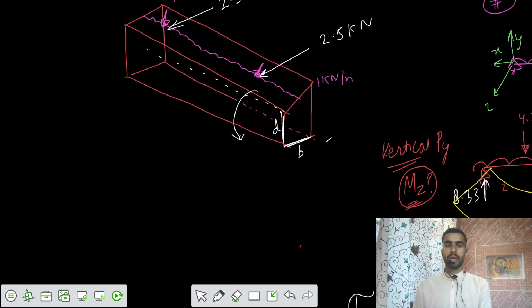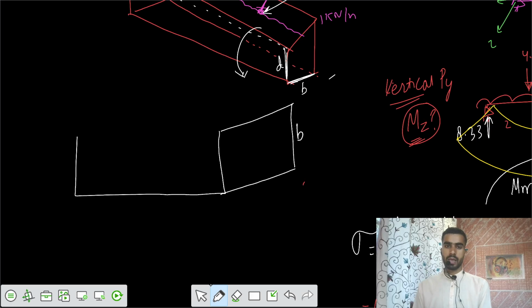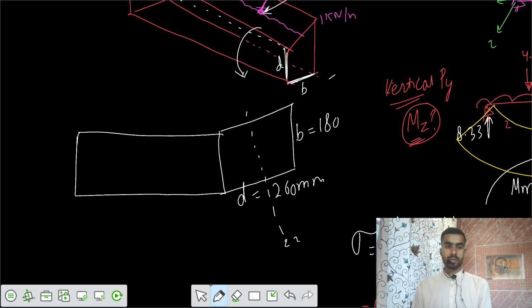Let's make the dimensions also: B equals 180 and the depth equals 260, and this is your ZZ axis, this is the X axis, and this is your YY axis.